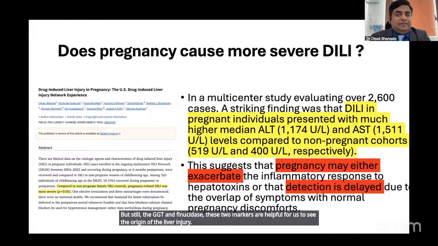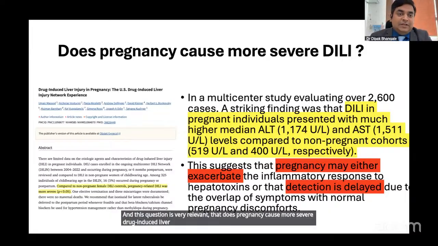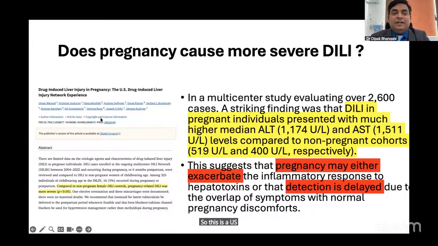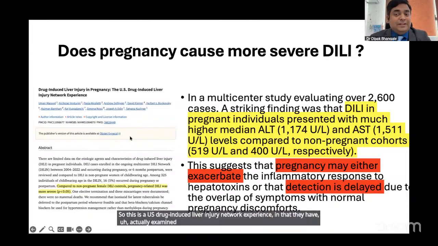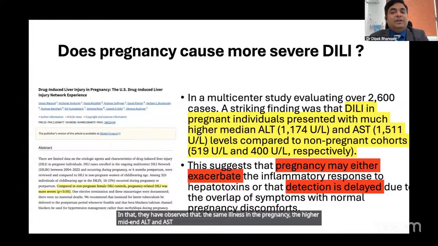And this question is very relevant: does pregnancy cause more severe drug-induced liver injury? Yes. This is from the US Drug-Induced Liver Injury Network experience, in which they examined 2,600 cases. They observed that for the same illness in pregnancy, the median ALT and AST were higher than in the non-pregnant cohort.